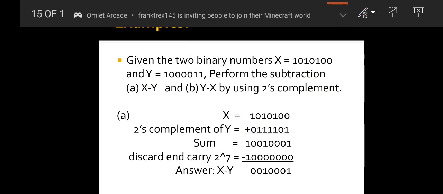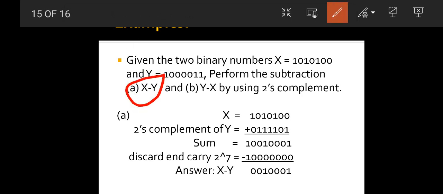So we will start with letter A. Letter A. So you have to get the subtraction of x minus y using two's complement.